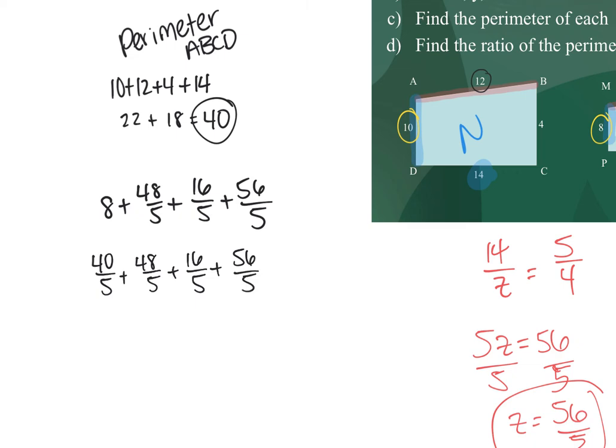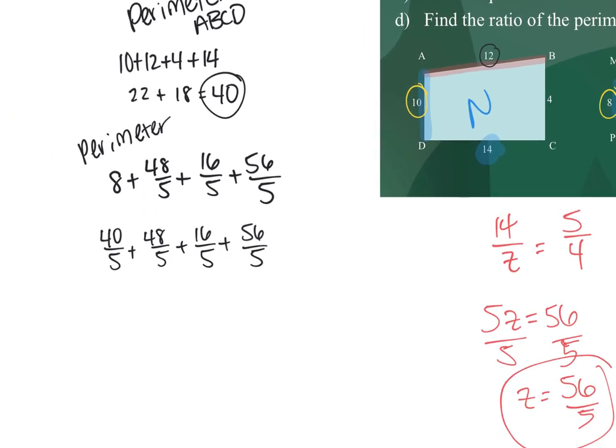We're finding the perimeter, right? So we're just adding up all the sides. So we added X, Y, Z, and that 8 that we already knew from the other figure. Okay? So now the perimeter of this one, let me label this. This is the perimeter of MNOP.